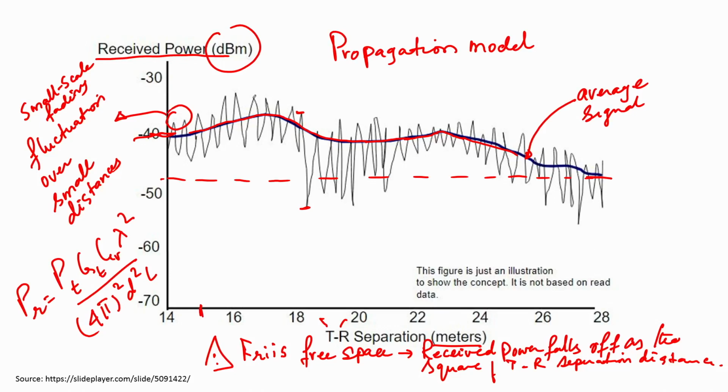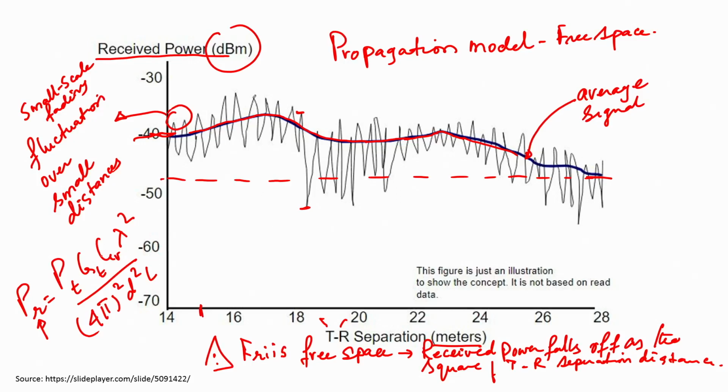This whole picture itself is actually drawn for what is known as a free space propagation model. And for the free space propagation model, the simple expression of received power is Pt Gt Gr lambda squared divided by (4 pi) the whole squared, d squared L. L is a term you do not have to worry so much about; it is called the system loss factor and does not have anything to do with propagation.